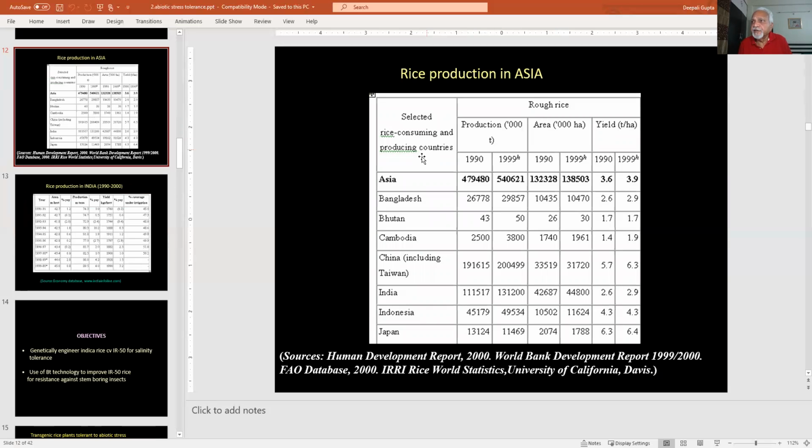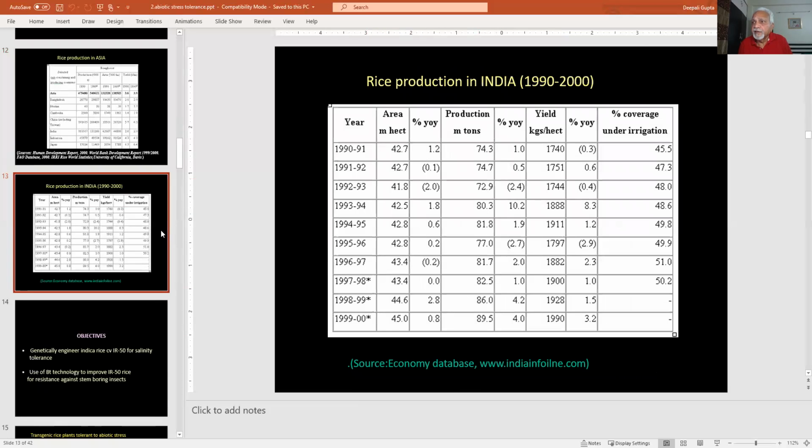This is just to give you an idea of how rice productivity happens worldwide. Almost all Asian countries are into rice production. This is the Indian scenario.